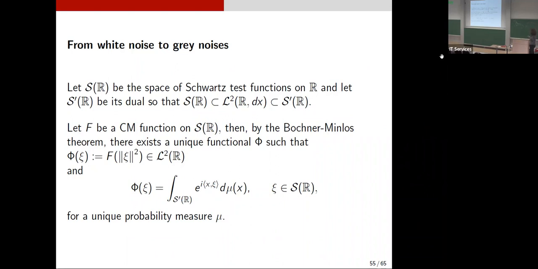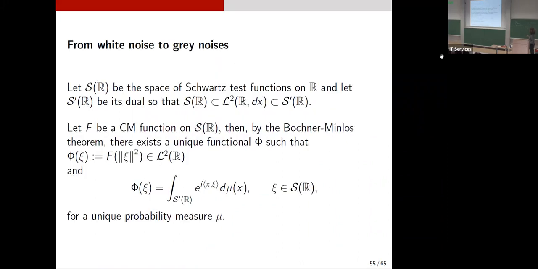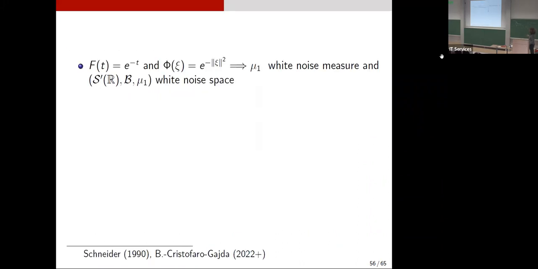To give a simple case, when we choose phi equal to this functional here, you can recognize the characteristic function of the Gaussian measure again. So the measure mu here coincides with the white noise measure, and so the space is the white noise space.